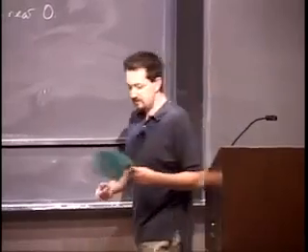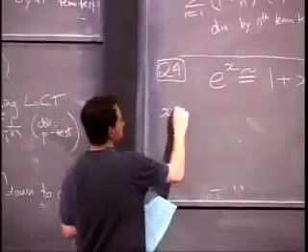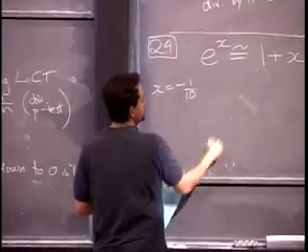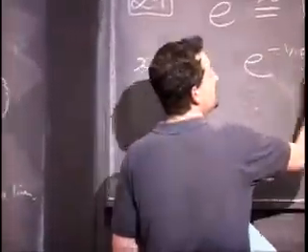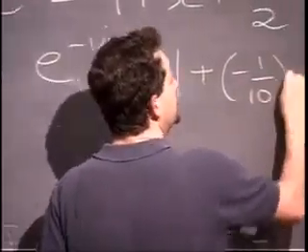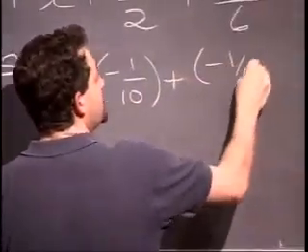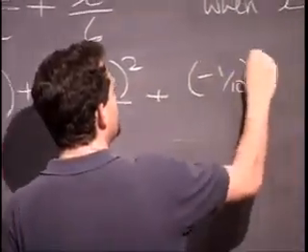I'm not proving it yet, but let's just see what happens if I substitute minus a tenth. That's a pretty small number after all. So this says that e to the minus a tenth is approximately equal to 1 plus minus a tenth plus (minus a tenth) squared over 2 plus (minus a tenth) cubed over 6.